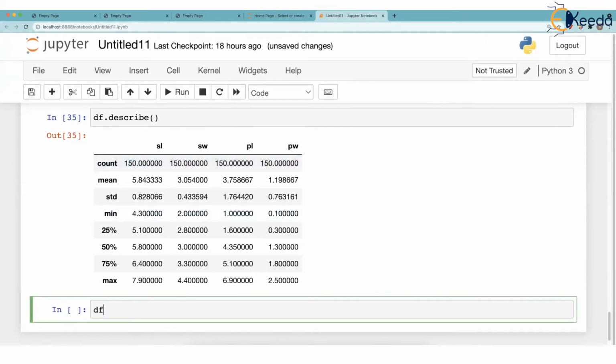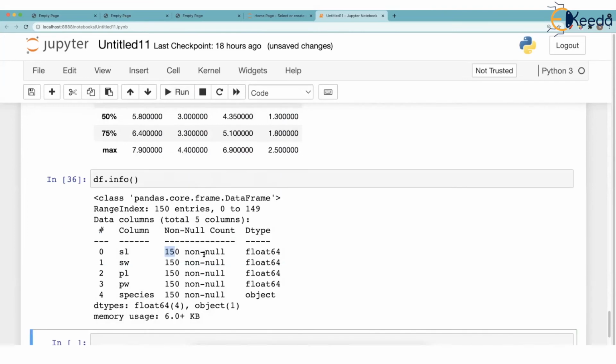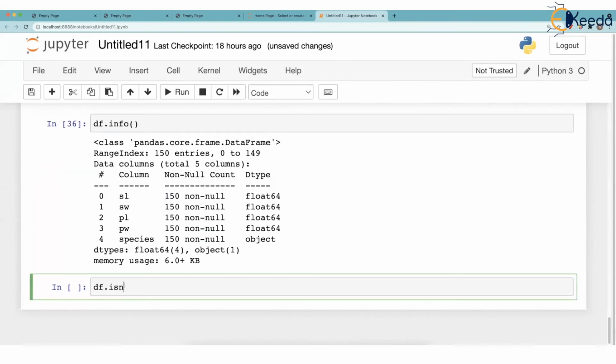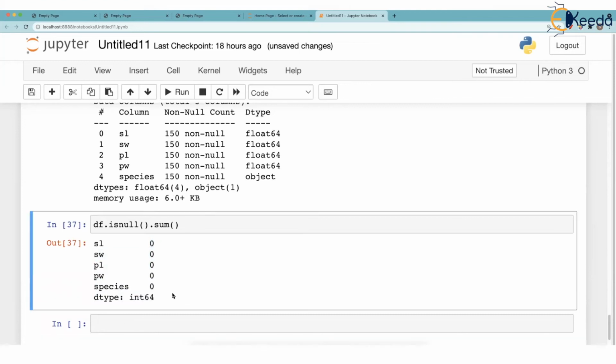Second way is df.info. This clearly tells 150 non-null values are there for SL. So none of the values are null. Third method is df.isnull().sum(), where you're asking in each column to give the sum of how many null values are there. Everywhere 0 is printed. That means none of the values are null in any of the columns. So many ways are there.